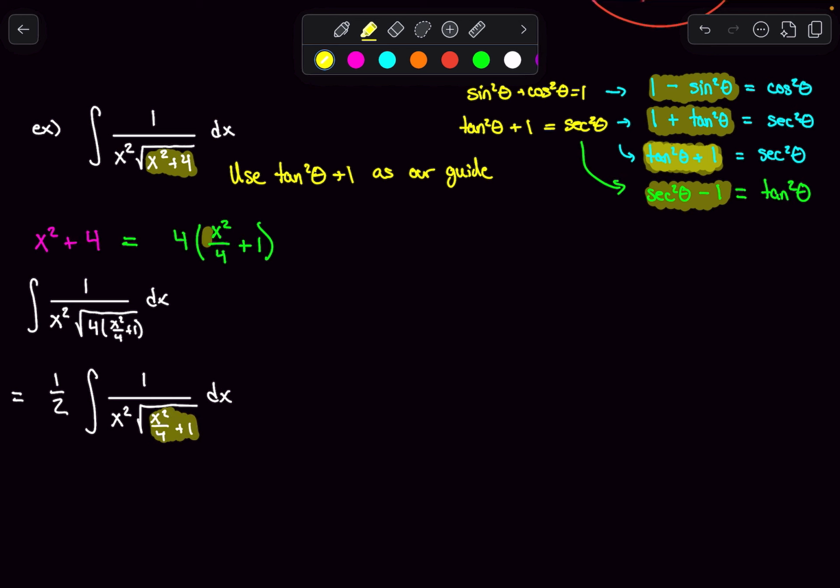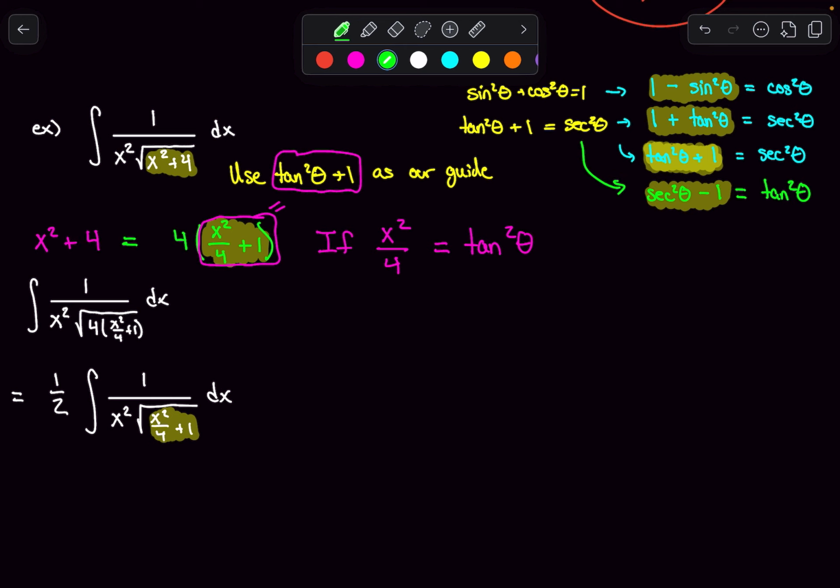And so we said, okay, since I have this, this would work. I would have a relationship between this and this if x squared over 4 was equal to what? Well, if x squared over 4 was equal to tangent squared theta, then I would have equality between these two, right? And I would therefore have what I'm looking for.